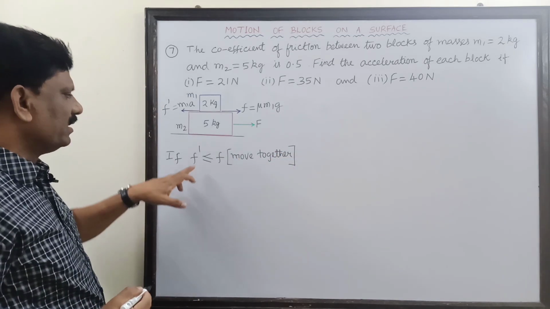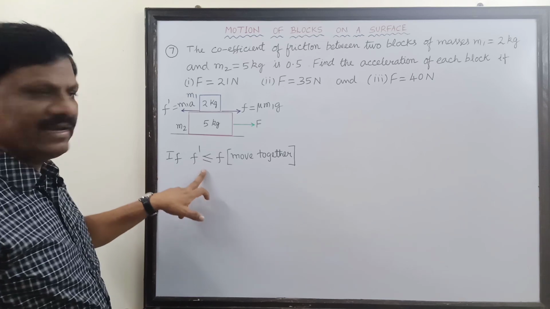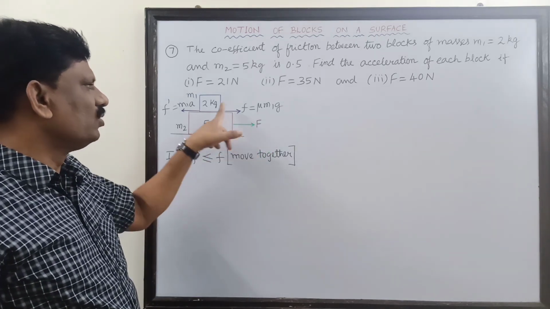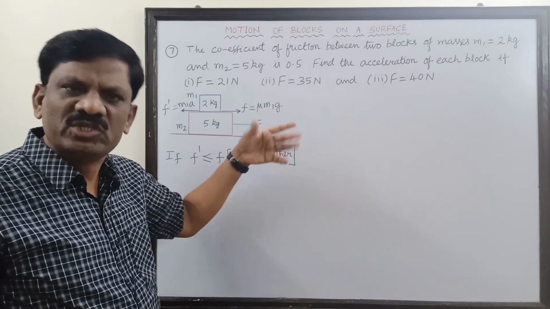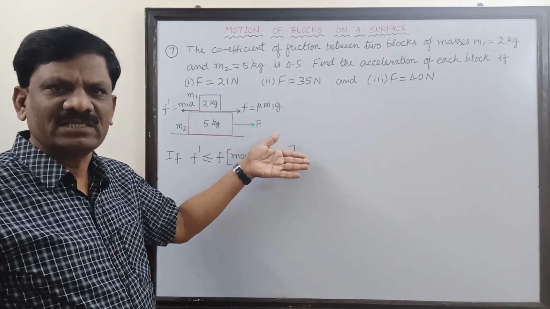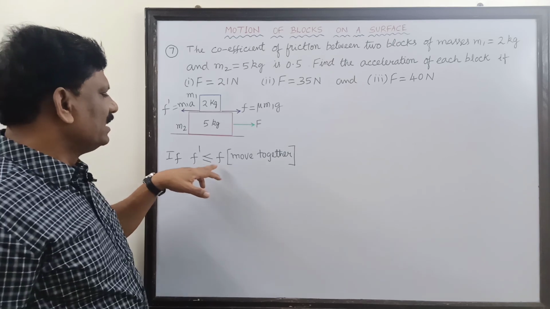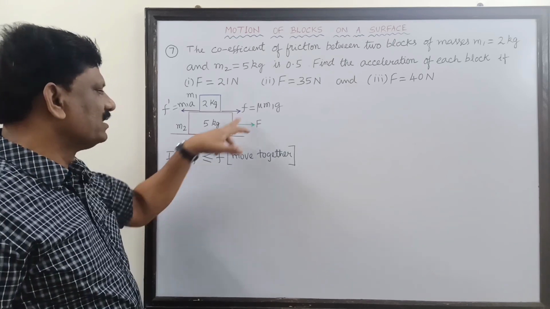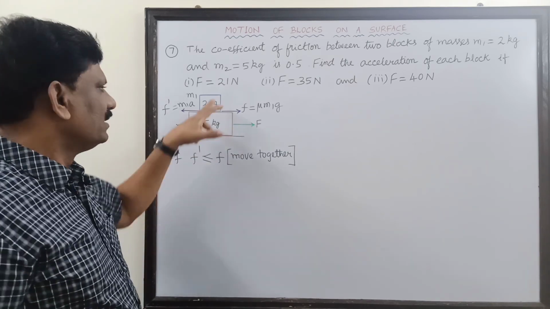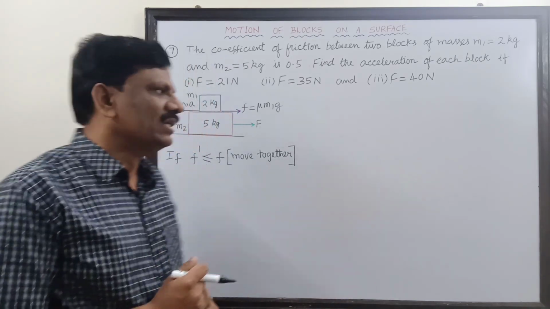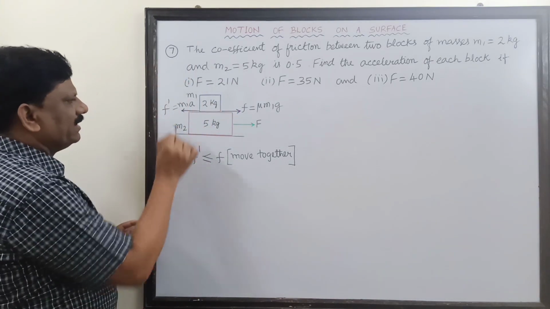So if the pseudo force is either less than or equal to the frictional force, till then the two blocks will be moving together with the constant acceleration. Suppose F dash, the pseudo force, is greater than this frictional force, then these two masses will have different acceleration. Understand?